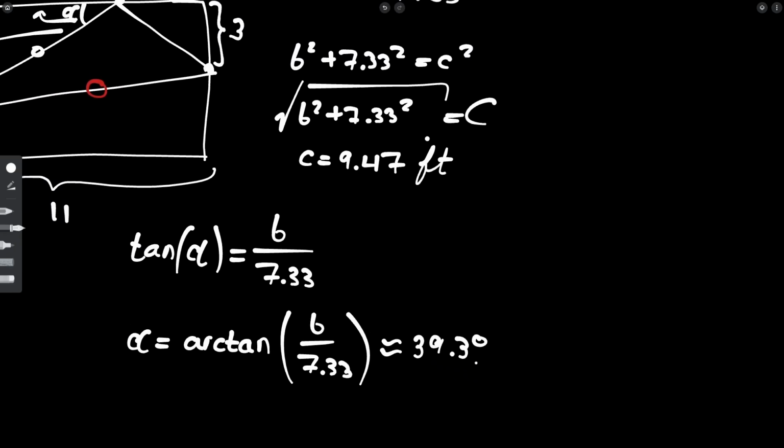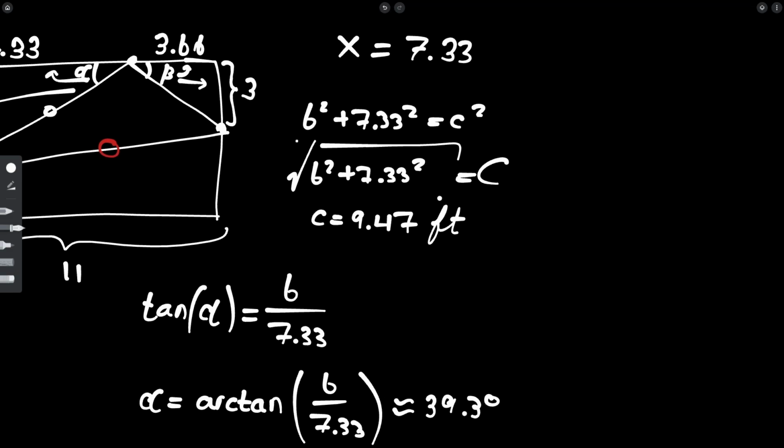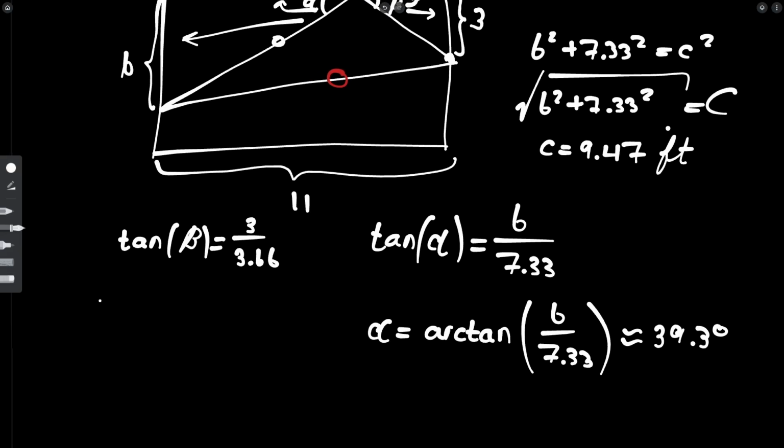Now for this angle, I will call beta. This is the opposite, this is the adjacent, so we have the tangent of beta equals opposite 3 over adjacent 3.66. And we take the arctangent of both sides.